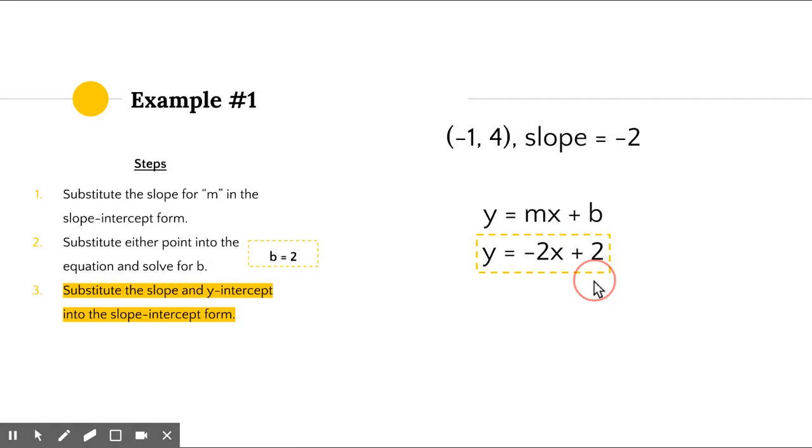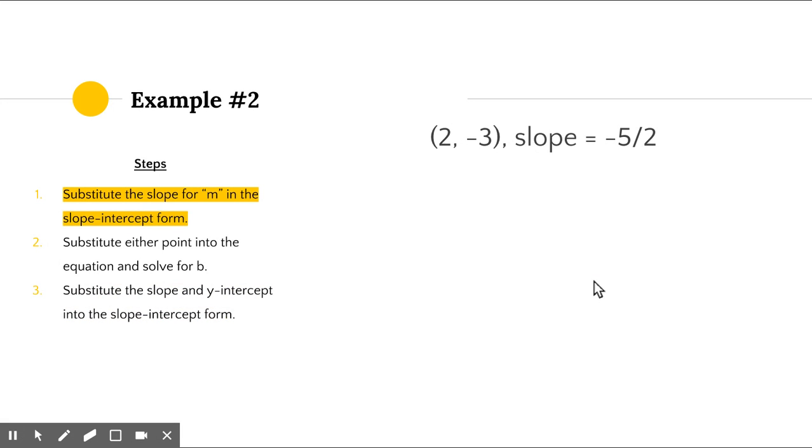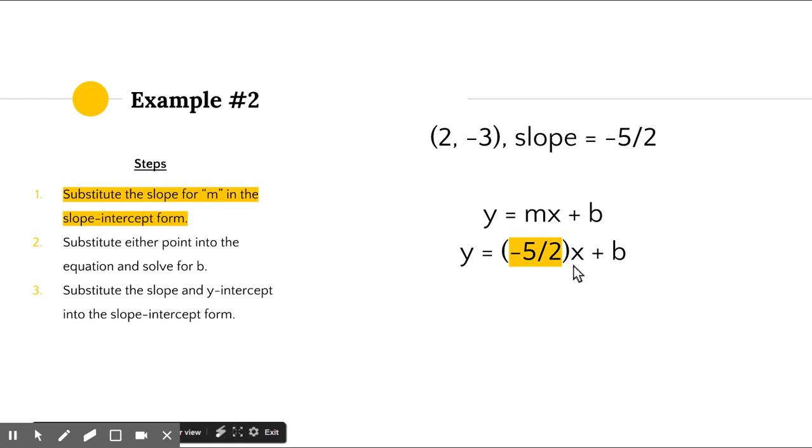Let's go over one more example. This time we've actually got one with a fraction, which seems scary, but it actually is not. Our first step says to just put in the slope in place of the m, so we'll do that first. I always put the parentheses there just in case there's a negative in front of the x, so I know I need to do something with it.